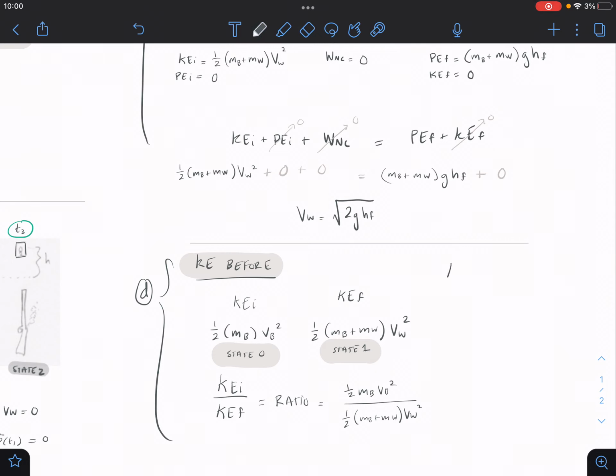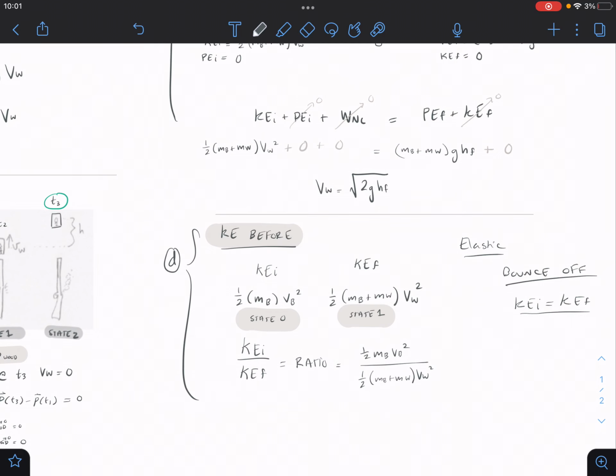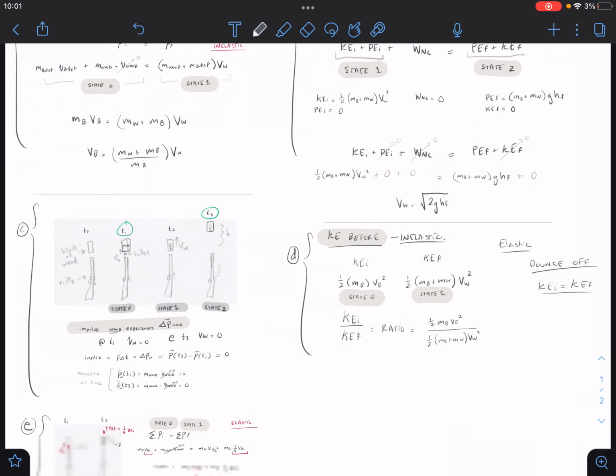But I do want to note that for elastic collisions, or where they bounce off each other, in that case, the kinetic energy is conserved. But in this case, notice that it's not. It's going to be different. This ratio is different for inelastic, or where they stick. Okay.